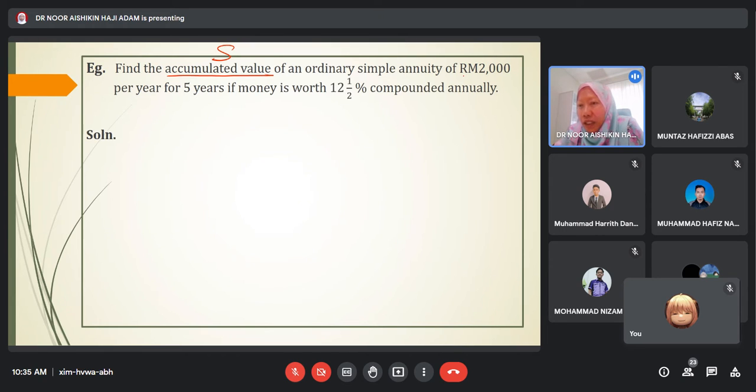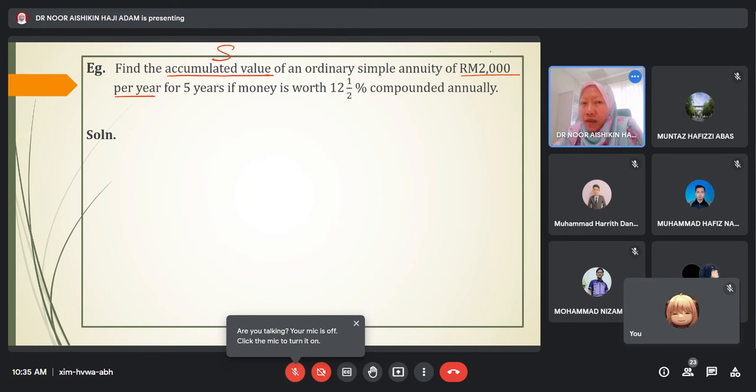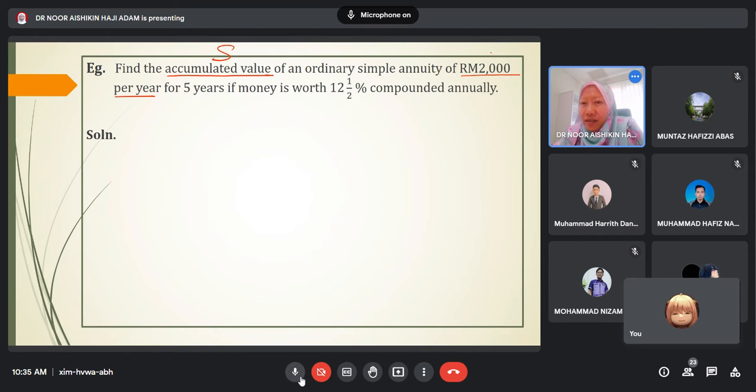Okay. Maknanya dia buat RM2,000 per year. Apa RM2,000 ni? Every year dia bayar RM2,000. So what is that? R. Capital R. For 5 years. What is 5 years ni? T.